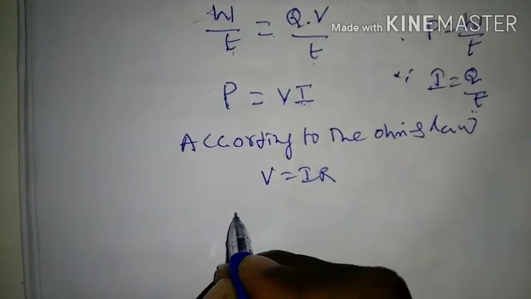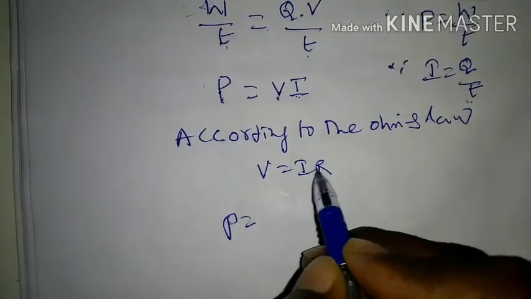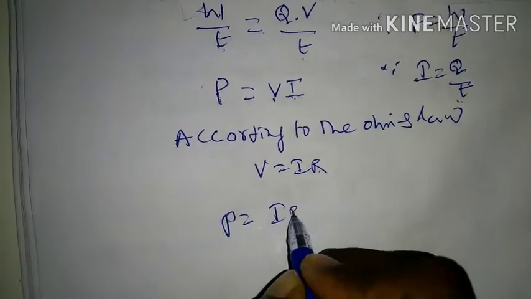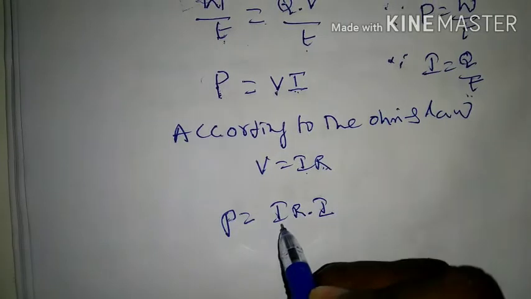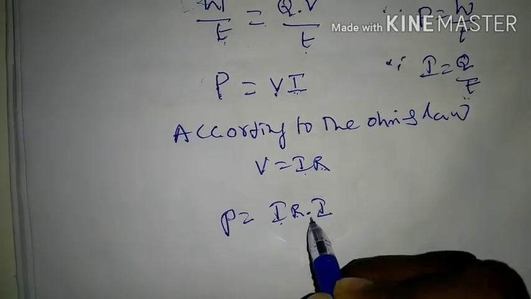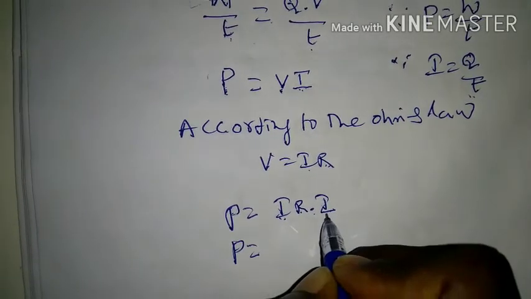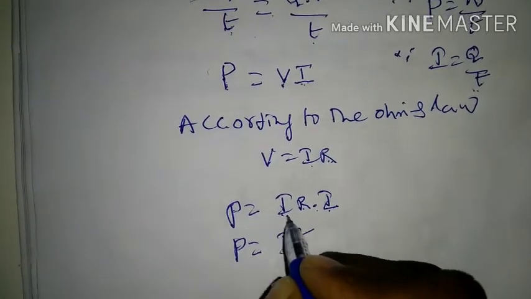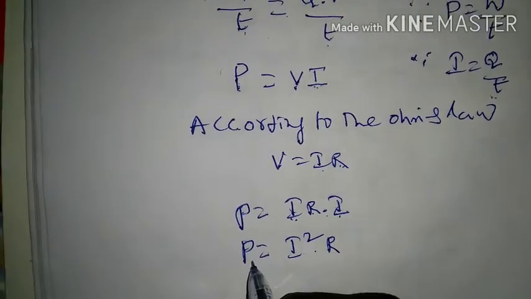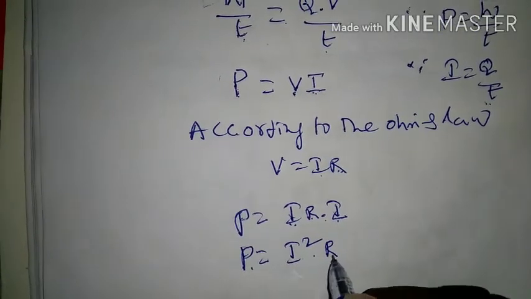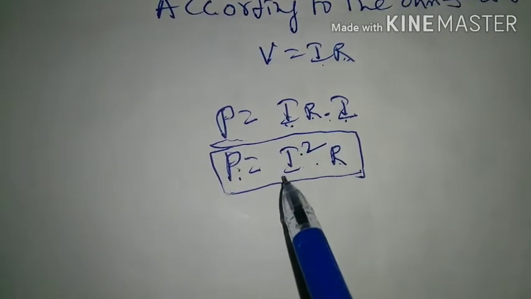Then P is equal to V into I, and V means I into R, so P is equal to I into R into I, which is I square into R. P is equal to I square into R. This completes the derivation.